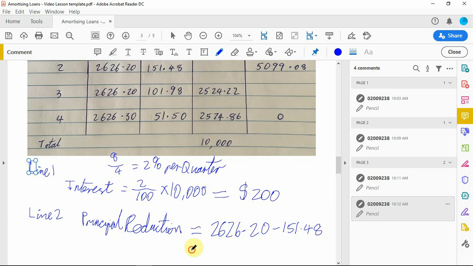All right, and when you calculate that, you get 2,474 and 72 cents. So we can put that up there, 2,474 and 72 cents.